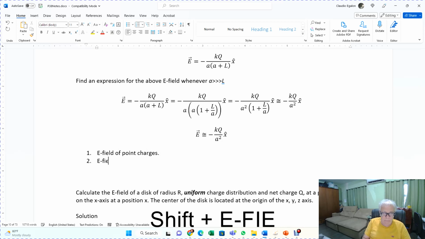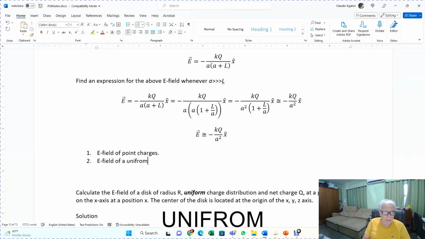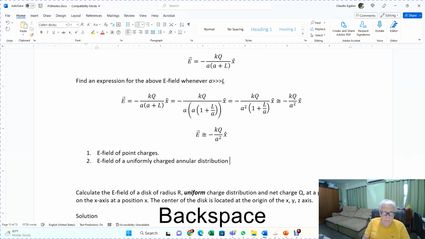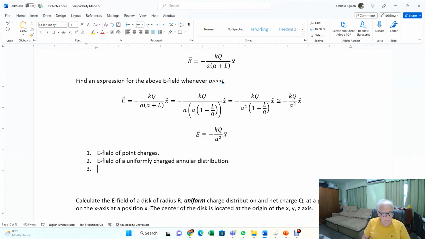Then we did the E field of a uniformly charged annular distribution, which is the simplest of the problems that we have with a finite distribution of charges. The next one was the E field of a finite rod.